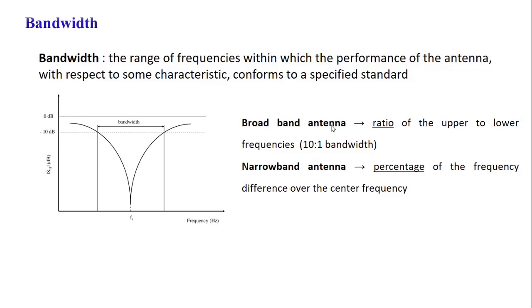In the case of narrow band antennas, this bandwidth is expressed as the frequency difference, usually upper minus lower frequency, over the center frequency of bandwidth. For example, if it is written as 5% bandwidth, it indicates that the frequency difference of the acceptable operation is 5% of the center frequency.